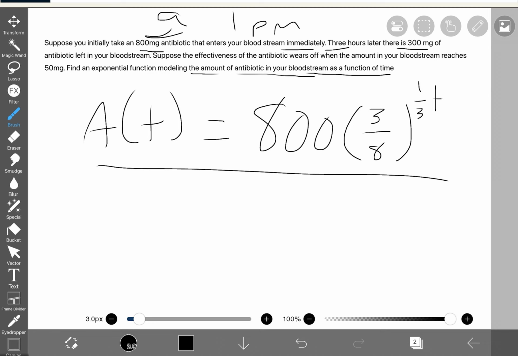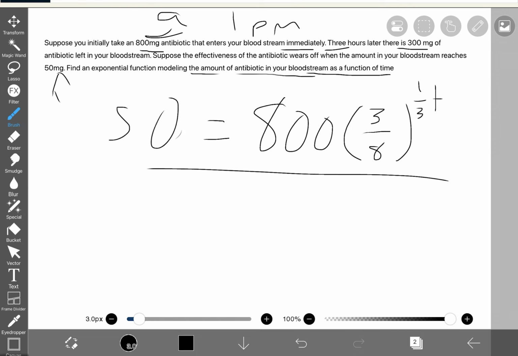So that's what this 50 milligrams equals. And if you notice, it wears off. That's when the antibiotic goes away, right? So I don't know if that really matters, but what we're going to do is take this A of t and plug 50 in right there. So we're going to erase A of t and replace that with 50.